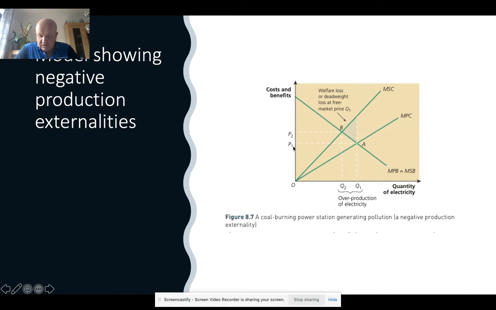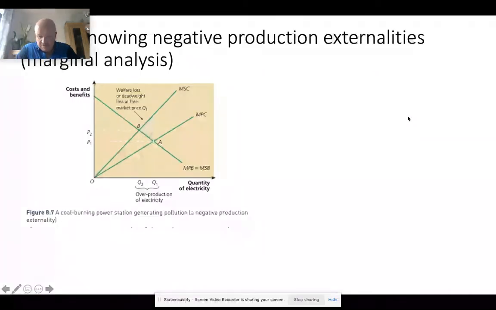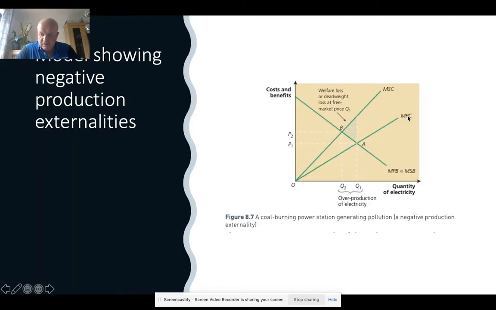But because in this case we've got coal-fired burning, and our marginal private cost, sorry, I'm just going back one, our marginal private cost is at this point here. We can see that the marginal social cost, in this case, what's been caused by the negative production externality of the coal burning power station, is significantly higher than that.